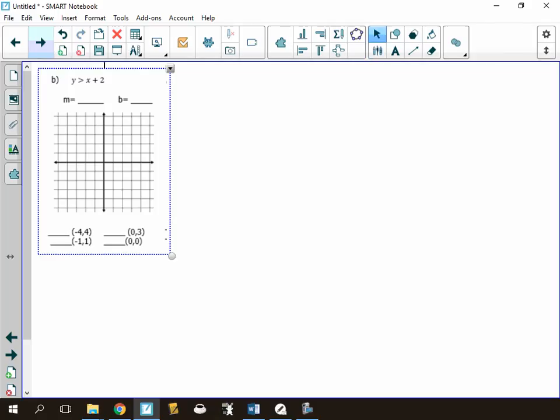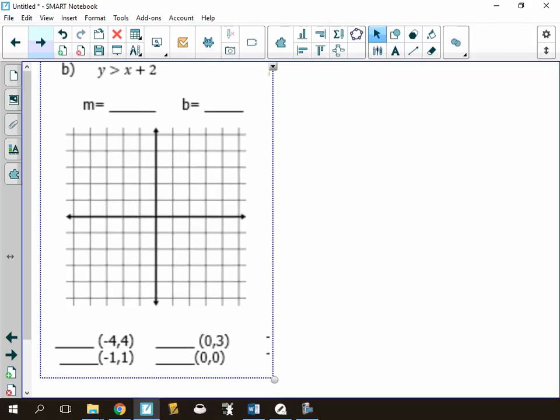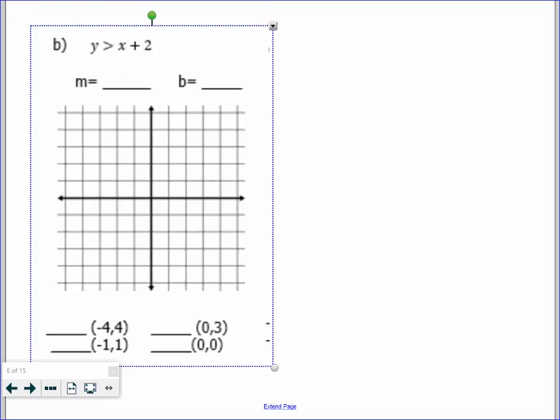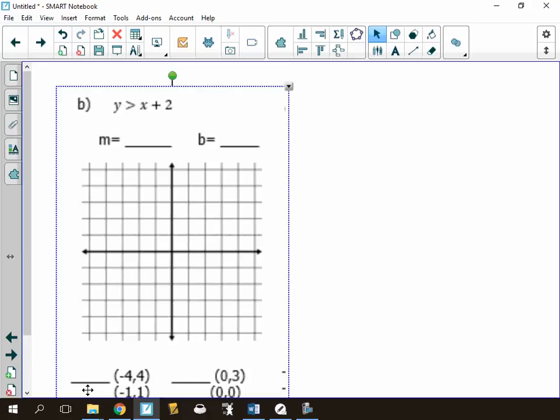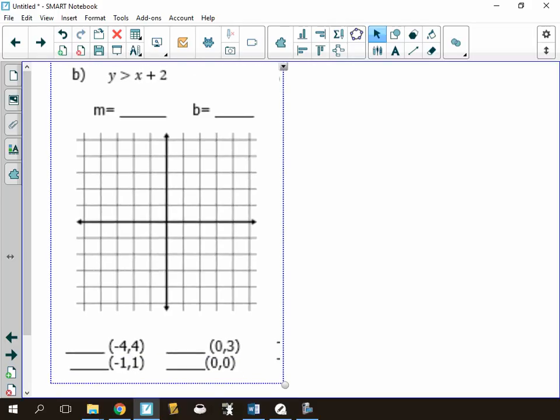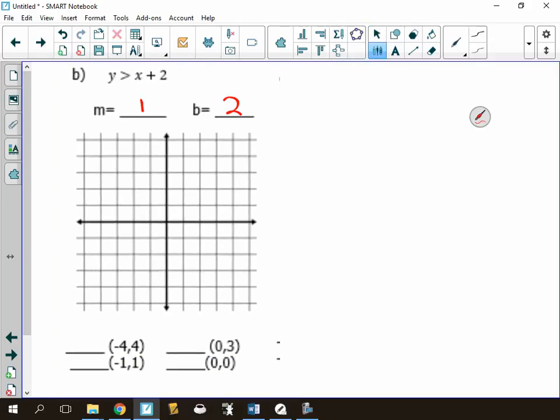For the next one, actually, we're going to go back to this. So we'll start off. Slope is 1. Y-intercept is 2.